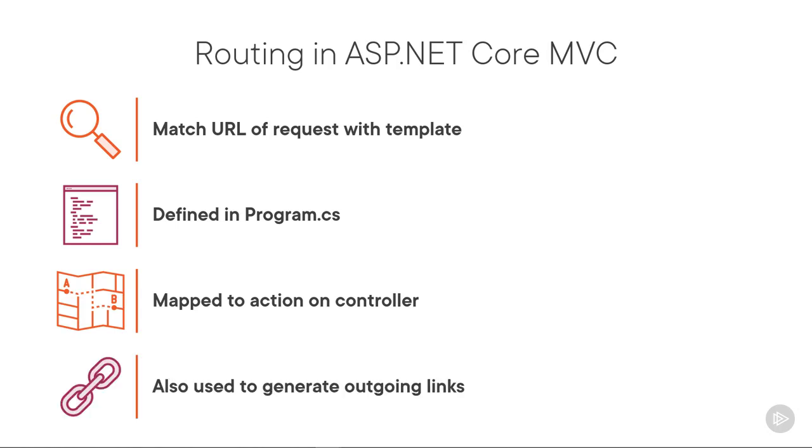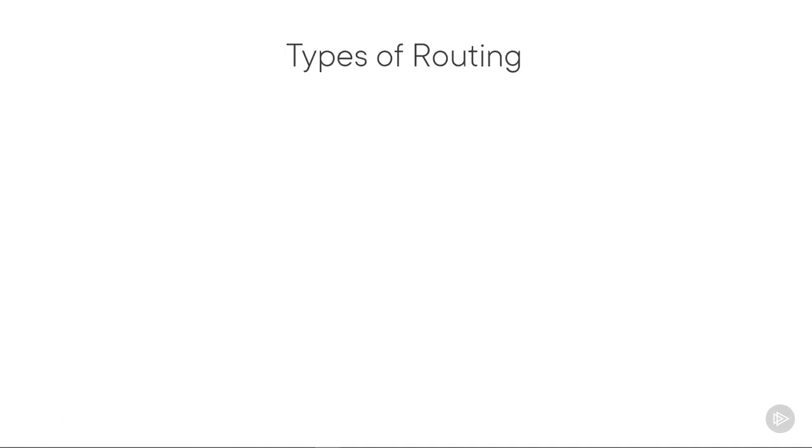As already mentioned, outgoing links also need to be generated, so that when the user clicks in their browser, they will navigate to the correct URL again. Generating these outgoing links correctly is also done using the routes we will define in the program.cs. For the MVC-based approach, there are basically two ways of performing the routing.